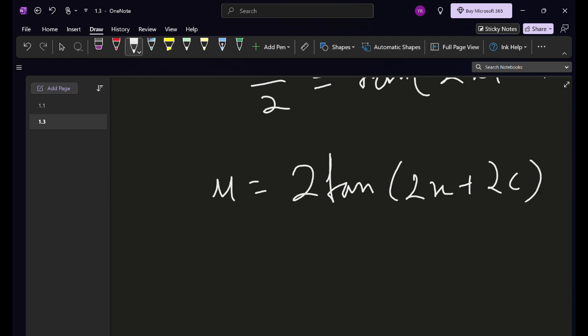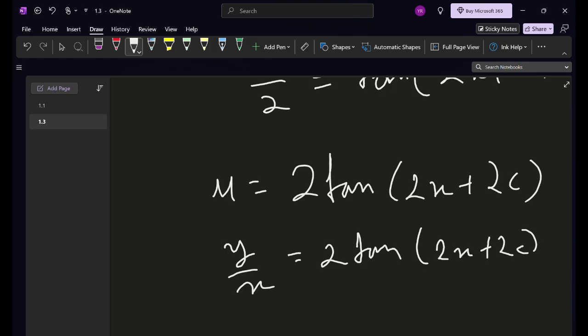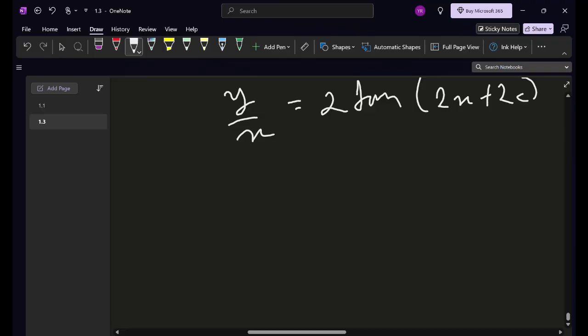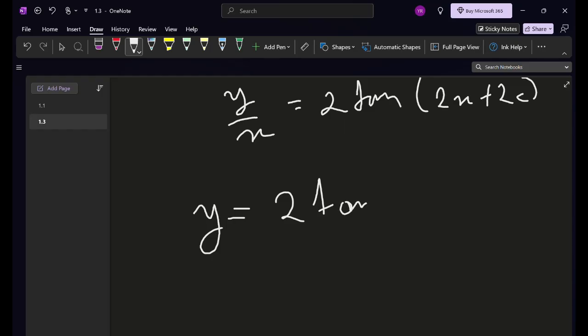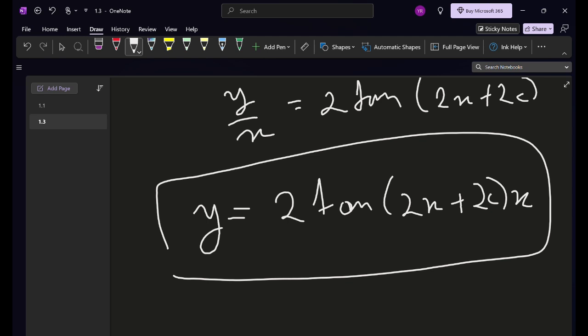Putting in the value of u, we get y plus 4x is equal to 2 tan 2x plus 2c, so the final answer will be y is equal to 2 tan of 2x plus 2c minus 4x, and here is a general solution. So that was the solution of the 8th question.